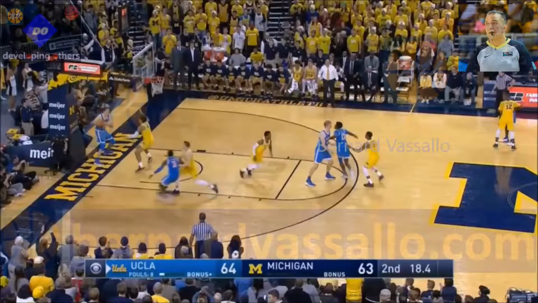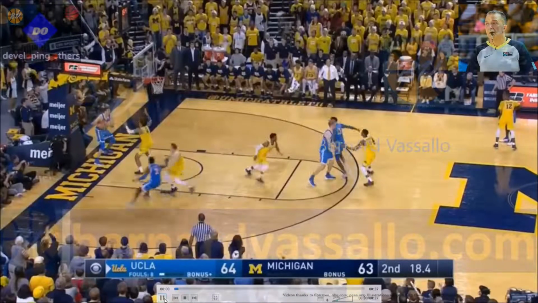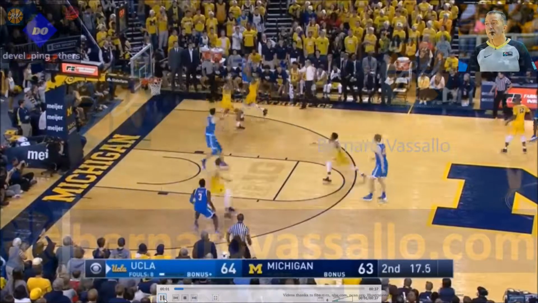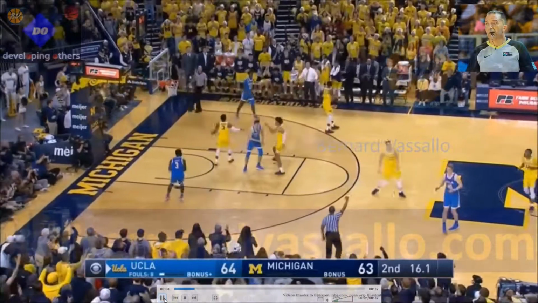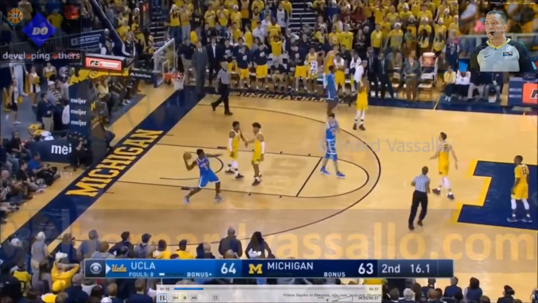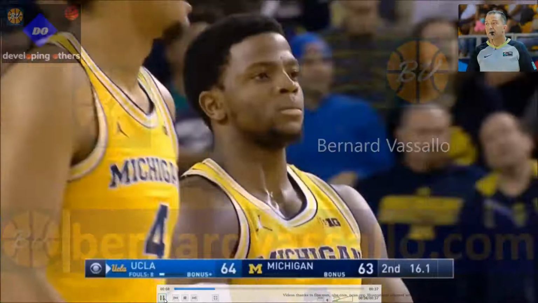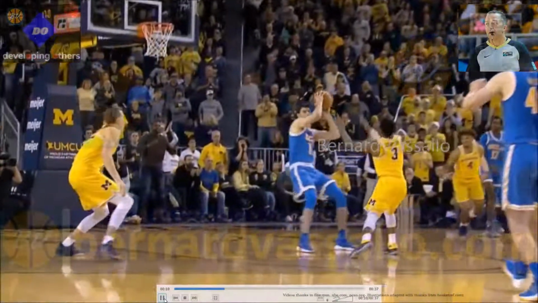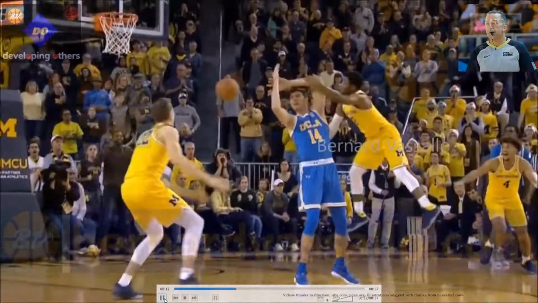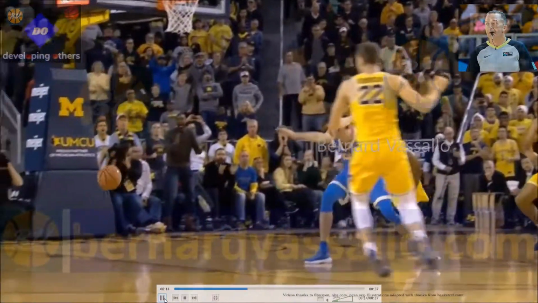In this play action, we're going to see now a player trying to steal the ball but committing a foul. Now we'll see the replay. We'll have two opportunities. The player going for the ball.